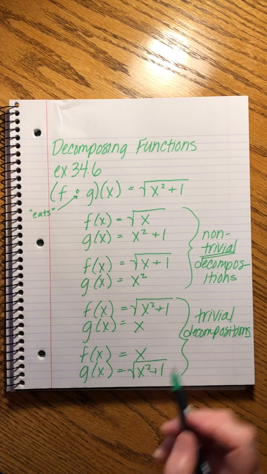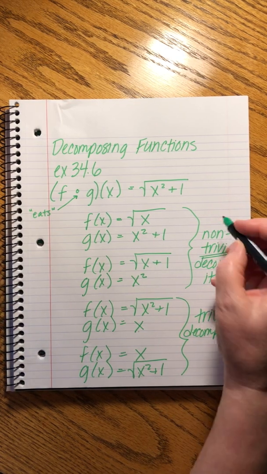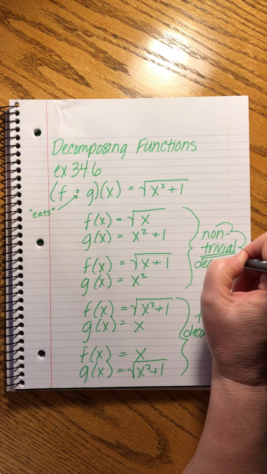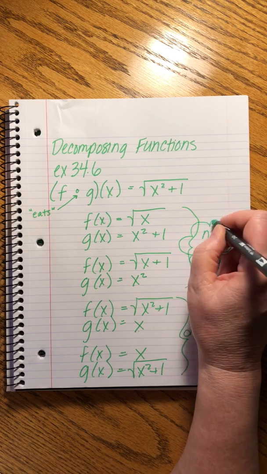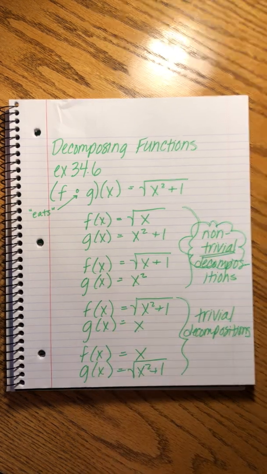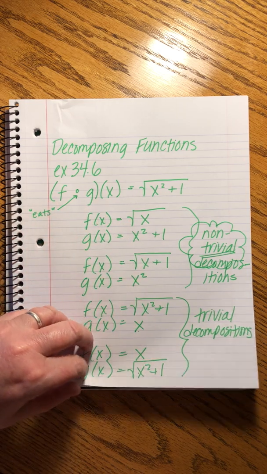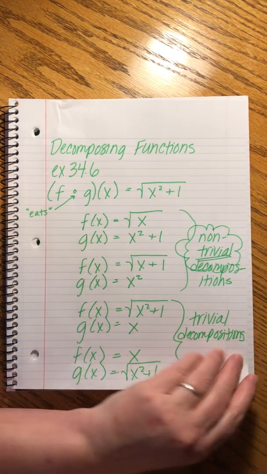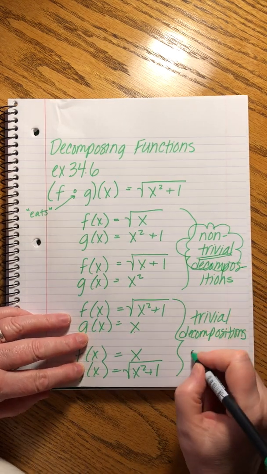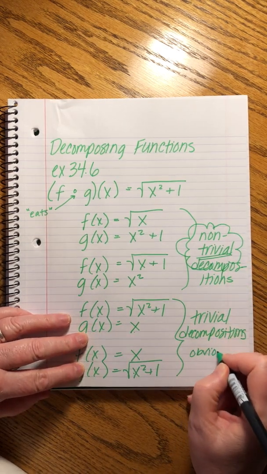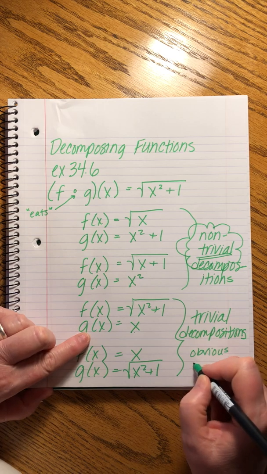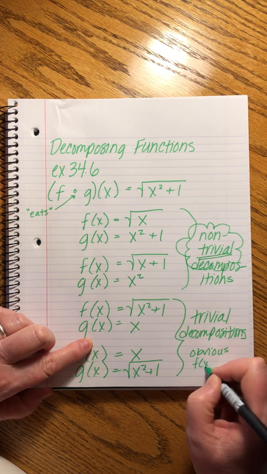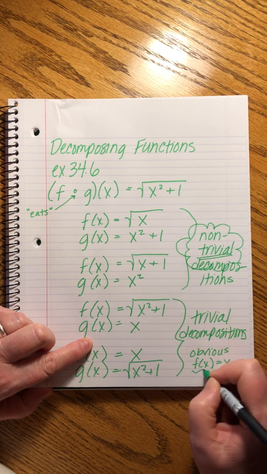So when we're answering these questions, we're looking for what are considered non-trivial decompositions because they're more interesting. And once you get the hang of these, most students find them kind of fun. Let's do another one. These are obvious, and they involve one of them, either the f or the g, just being a plain x.